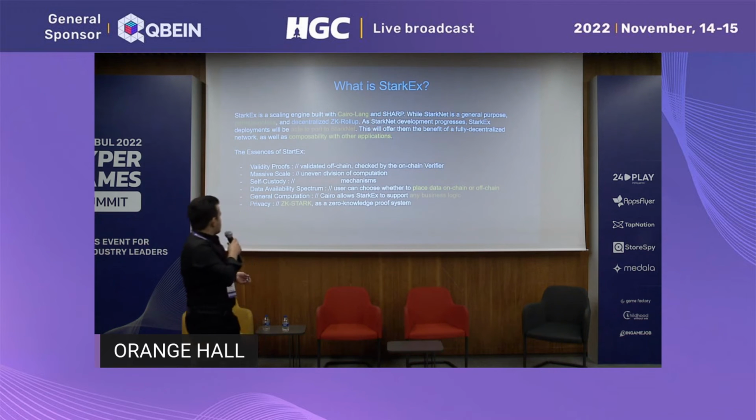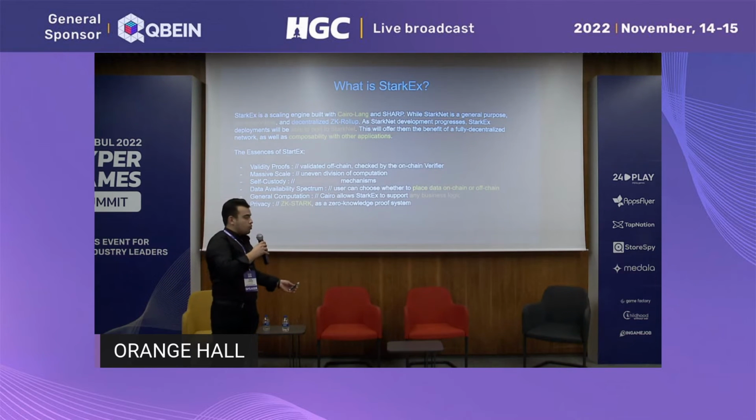The essence of StarkX is that it has validity proofs. They are validated off-chain and checked by the on-chain verifier. It has massive scale, with uneven division of computation. It has self-custody, and each app can have an anti-censorship mechanism on it. It has a data availability spectrum. Users can choose whether to place the data on chain or off chain.